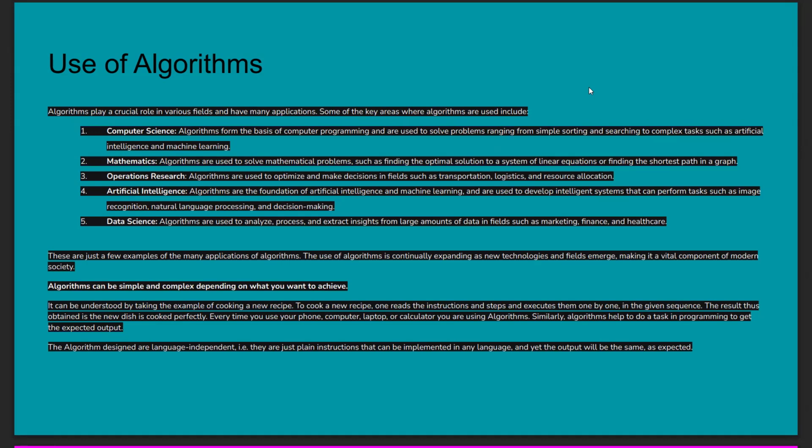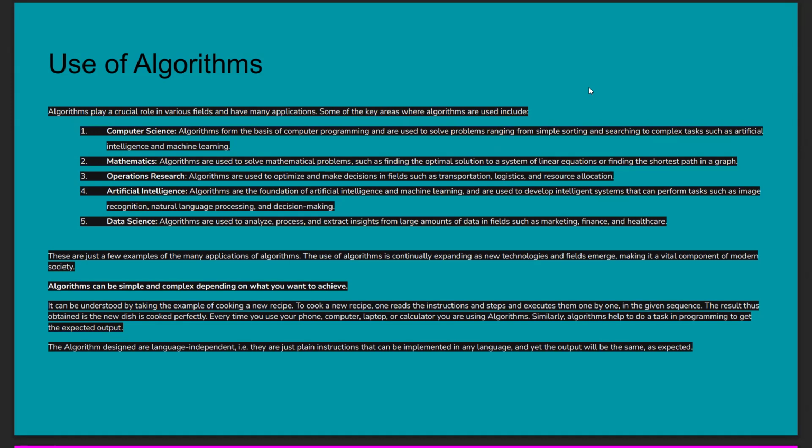Algorithms form the basis of computer programming and are used to solve problems ranging from simple sorting and searching to complex tasks such as artificial intelligence and machine learning. By using these algorithms in computer science, they form the basis for computer programming, and they are used to solve problems ranging from simple sorting.